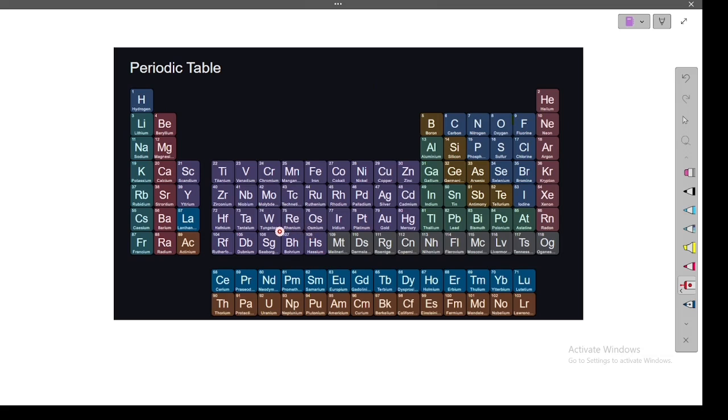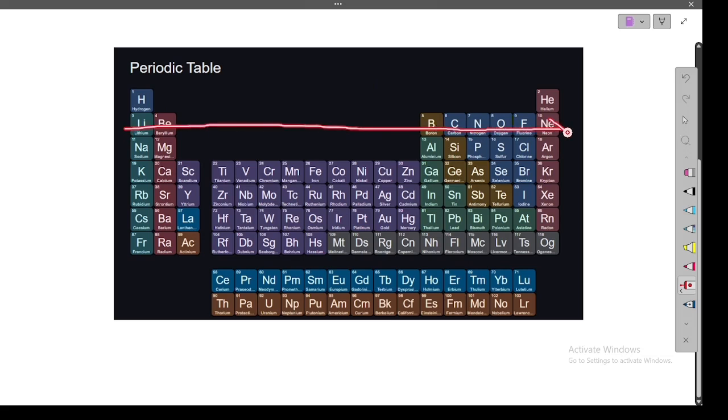Let's first explore what happens when we move left to right across a period. Let's take the second period, which is lithium to neon. So here we are going to talk about the characteristics that are changed. We can see a certain trend here. Let's talk about that.